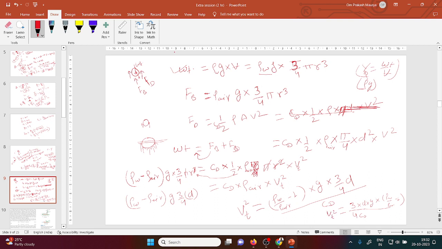When you want to calculate Vt, just put power half and the square will be cancelled. So I think this question is okay, there is no problem.